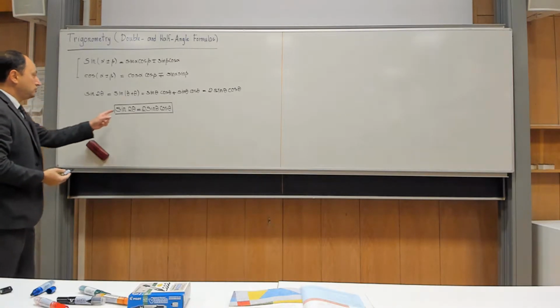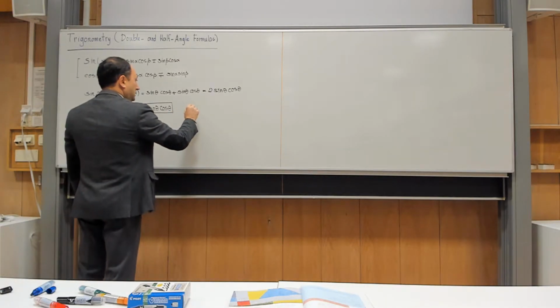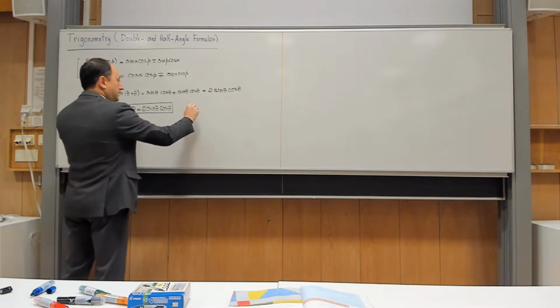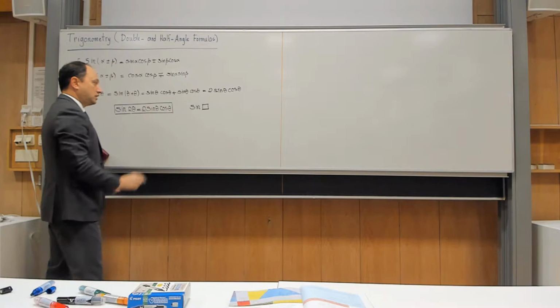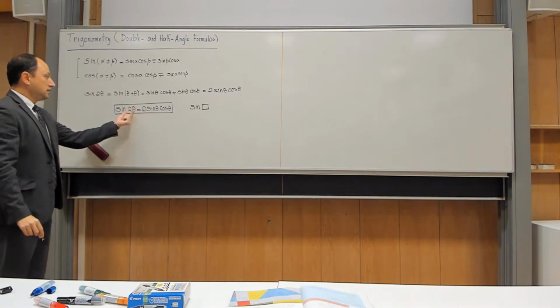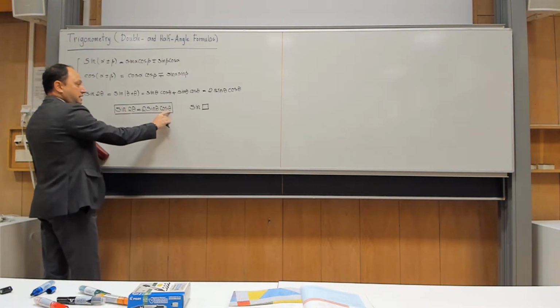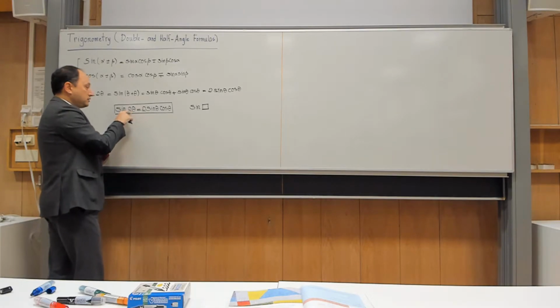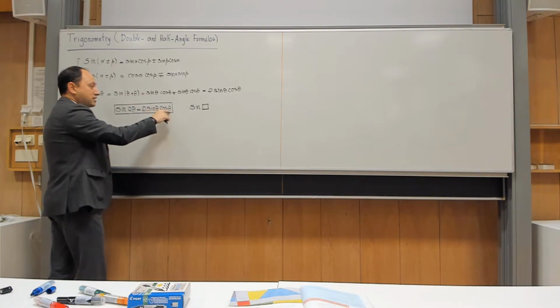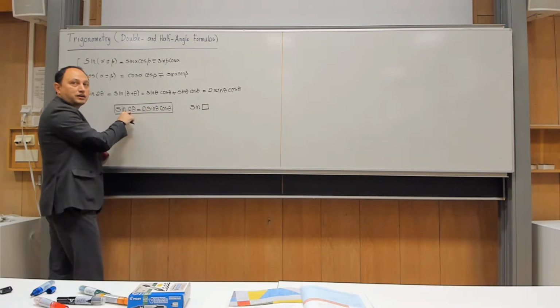But as I told you, you need to understand it in this way. If you have sine of a box, anything inside the box, what appears here is this box divided by 2. Here I started with 2 times theta, and here I have written theta, which is half of this angle.